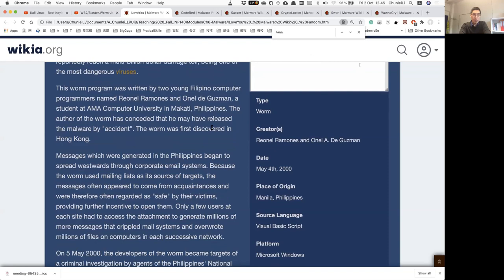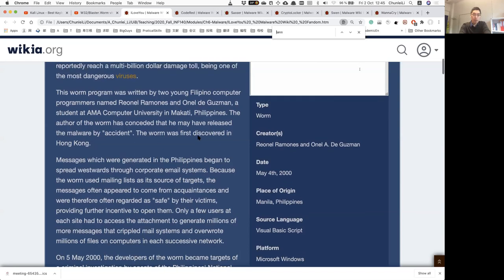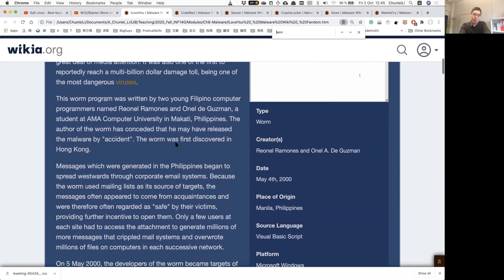After it caused a very serious problem, they were sent to the police and sent to court. And they argued that they may have released this malware by accident.